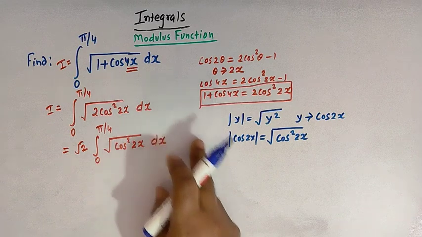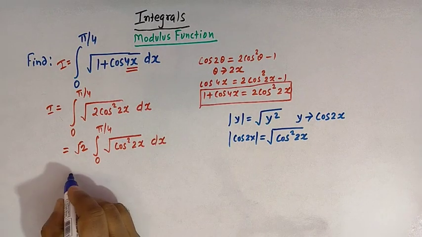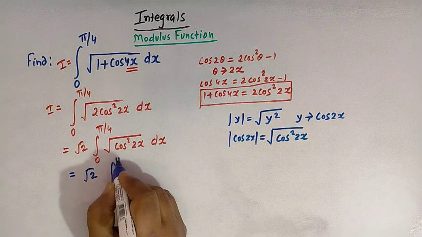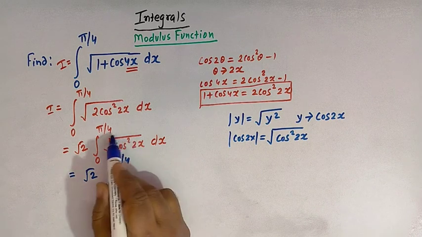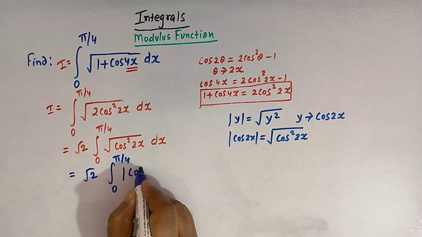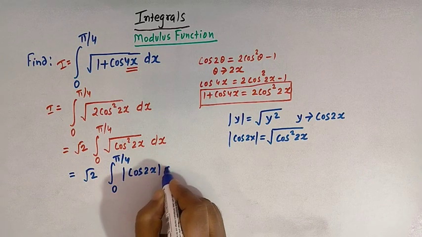So here we are going step by step: square root of 2, 0 to pi by 4, and the square root of cos square 2x can be written as mod of cos of 2x.